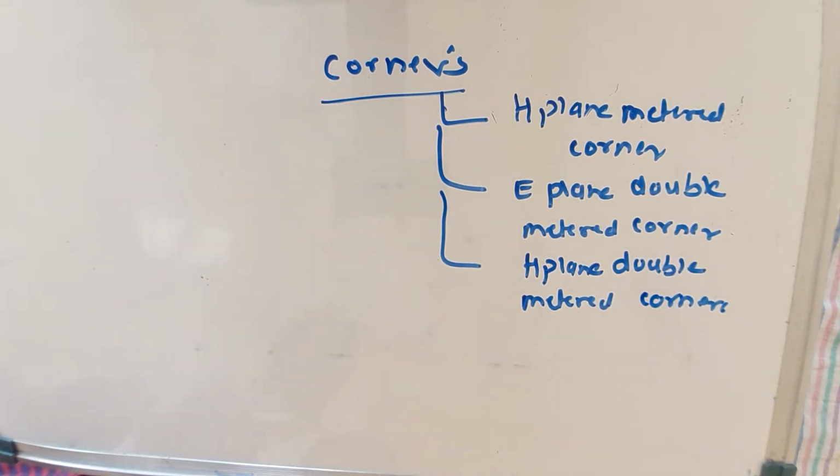These are the three types of corners. We'll see them one by one. So the first one is the H plane miter corner.